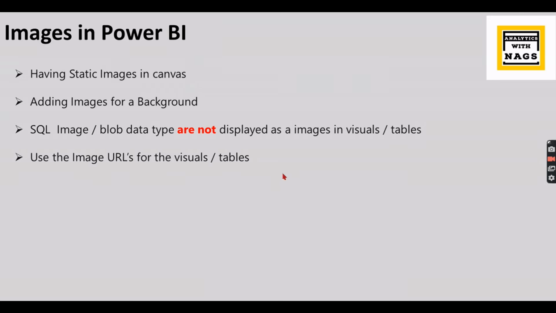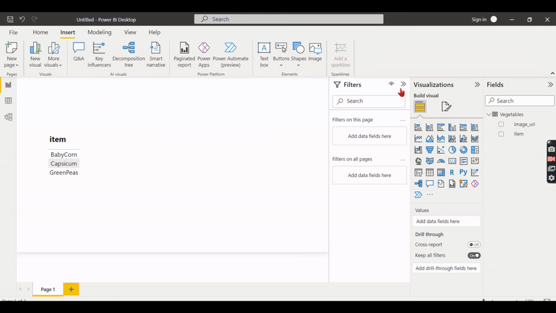Once you get that, you can utilize that URL to display it in visuals or tables. So static images are fine, they will be embedded as part of your report. But when you want data-level visuals, like for each product you need to display an image, you need to convert it into an image URL, I mean upload it and then get that URL against each product. That's what we are going to see right now.